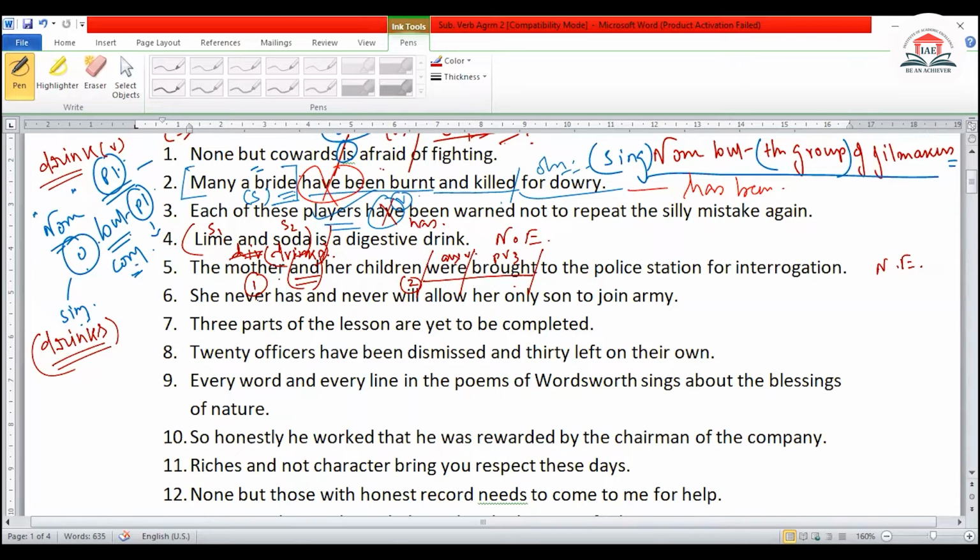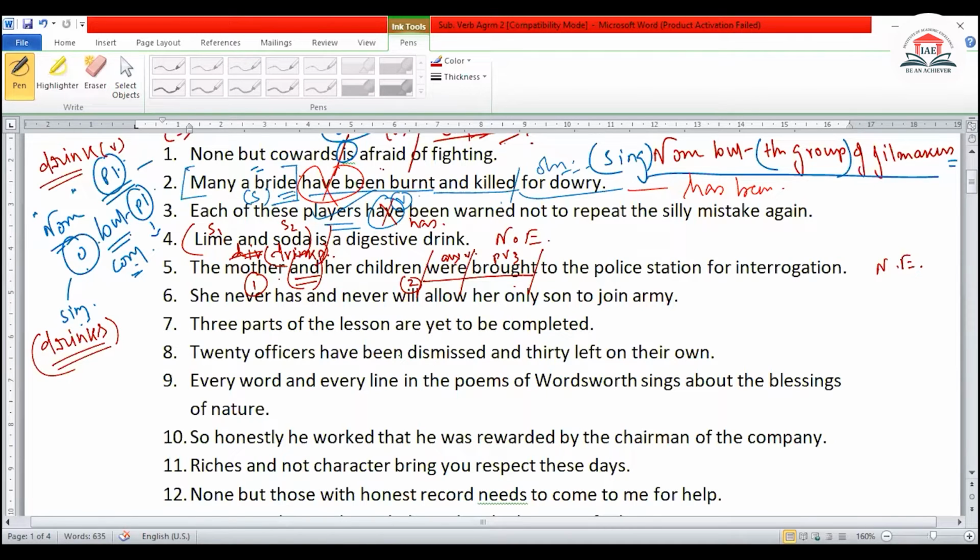She never has and never will allow her only son to join army. She never has and will never.